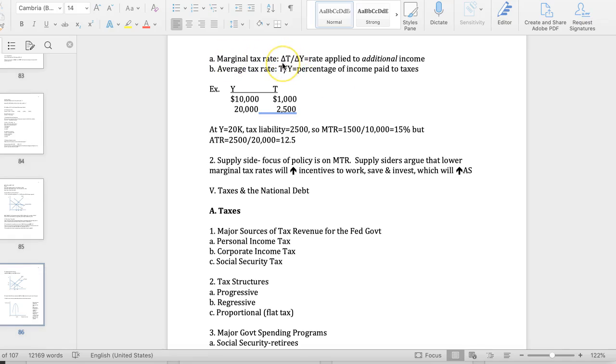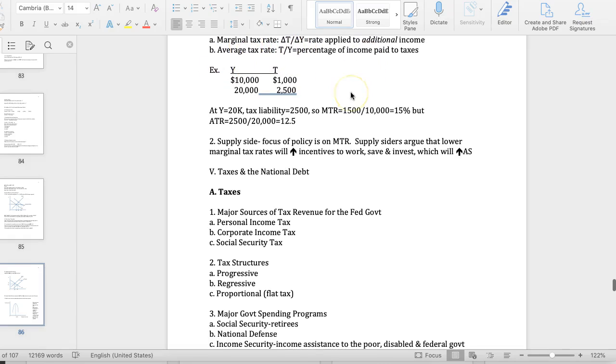The way to figure this out is the change in tax divided by the change in income. That differs from the average tax rate, which is the entire amount of tax you pay divided by your entire income. And that is the percentage of income paid to taxes. The average tax rate is going to be less than your marginal tax rate. So for example, if your income is $10,000 and you pay $1,000 in taxes, when your income is $20,000, you pay $2,500 in tax.